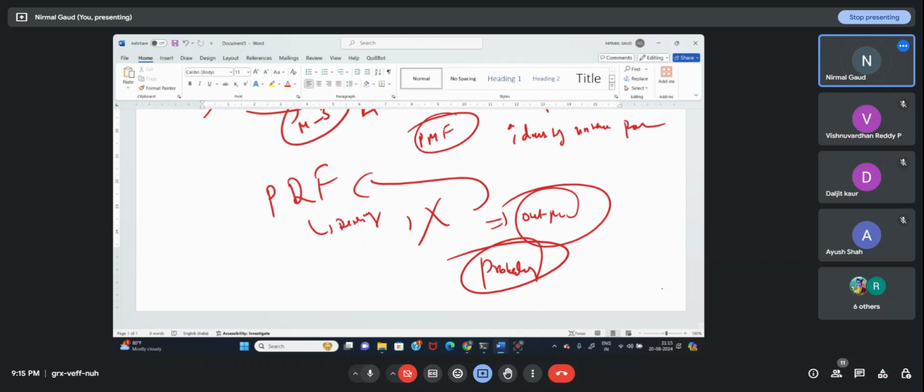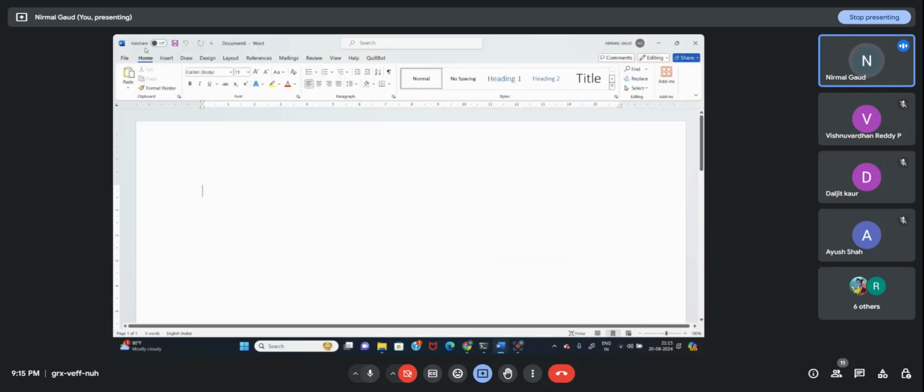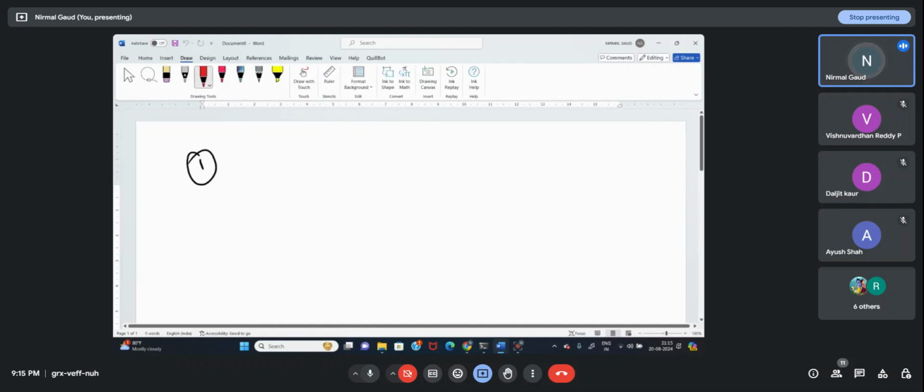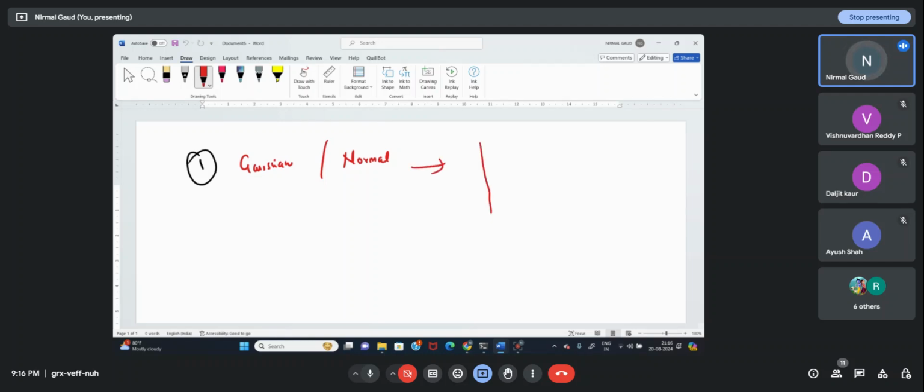Okay, fine. So in continuous distributions, one of the famous distributions is the Gaussian or normal distribution. I told you multiple times why it is famous: because of symmetry.